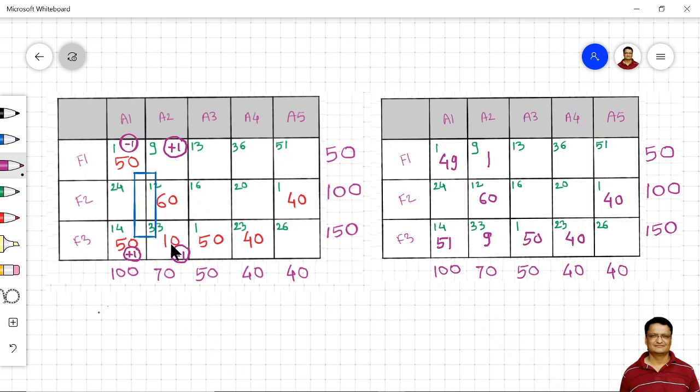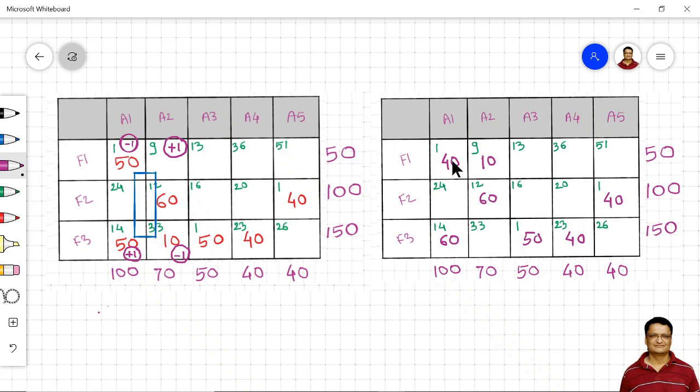So here we have 10 allocations, meaning you can allocate 10 units at this location without violating the non-negativity constraint. So I will allocate 10 units over here. This will be 40 units as there is a minus sign. It will be increased to 60, and at this point there will not be allocation.